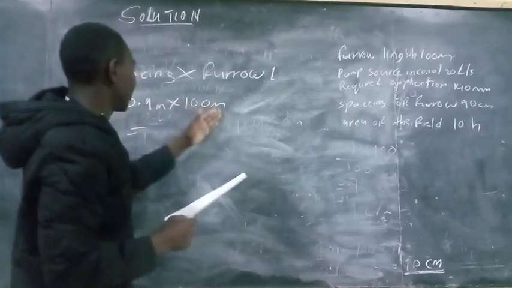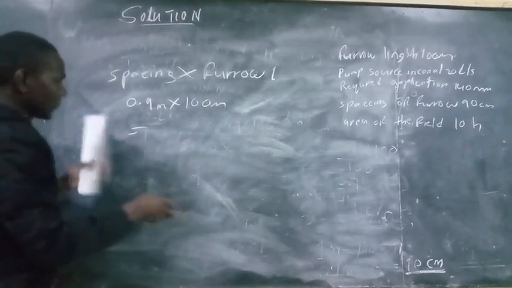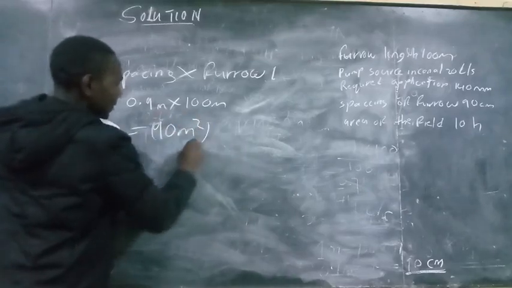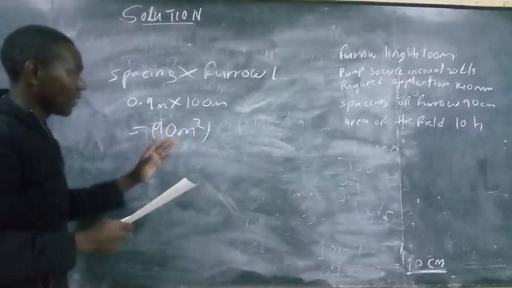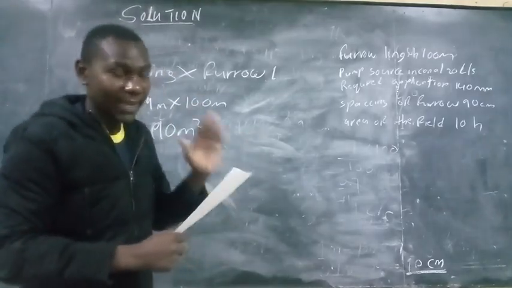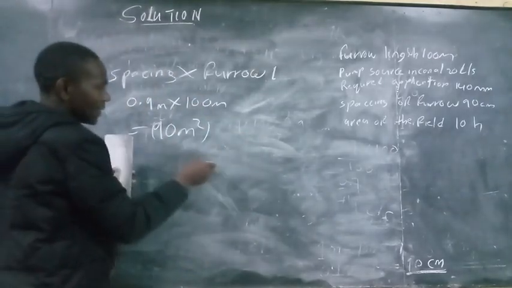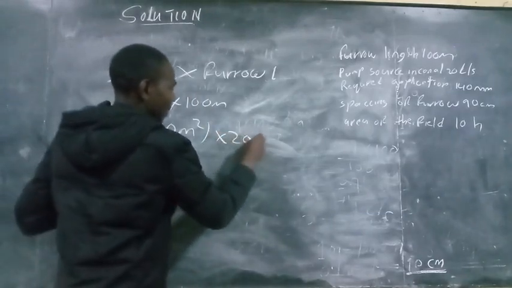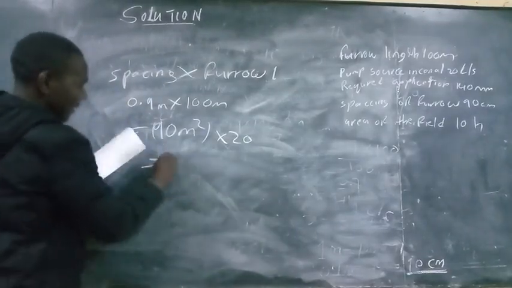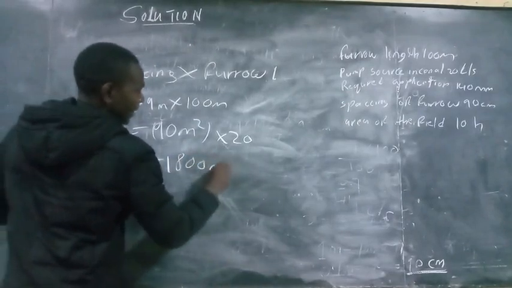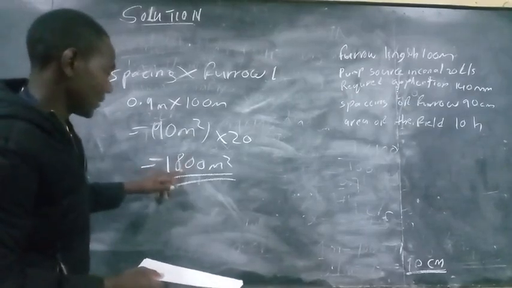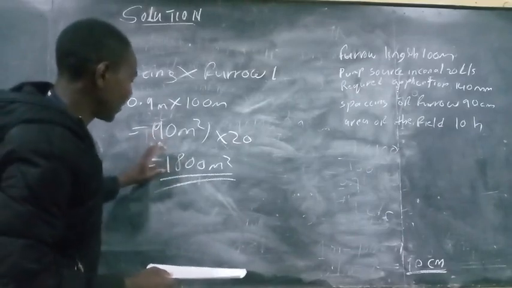When you calculate, you are going to have 90 meters squared. This is your area of one furrow. Now, we want to find the area of 20 furrows which can be irrigated at once. So you are going to say 90 meters squared times 20. Then your answer is 1,800 meters squared. So this is the area that can be irrigated at once, the area of 20 furrows.